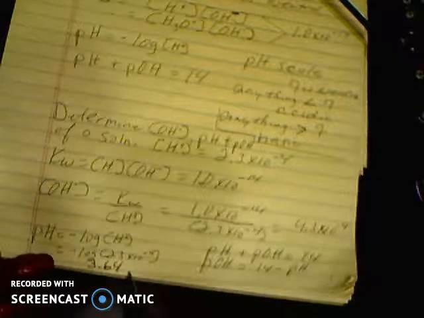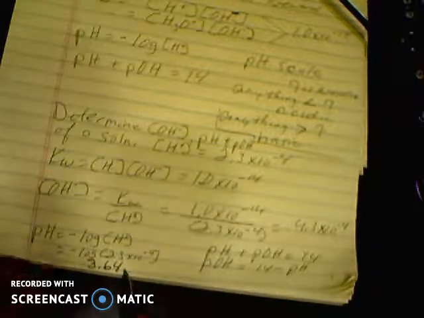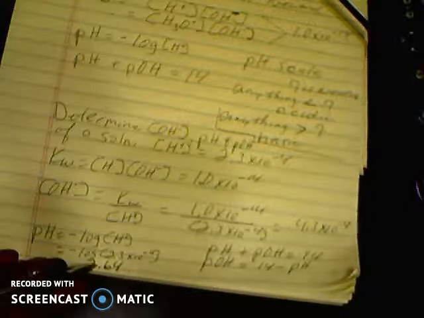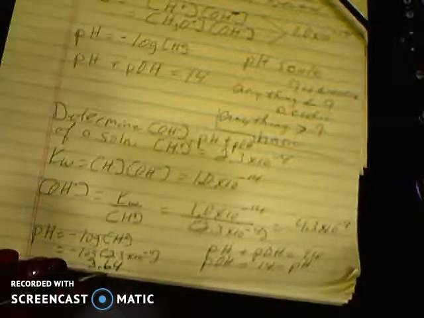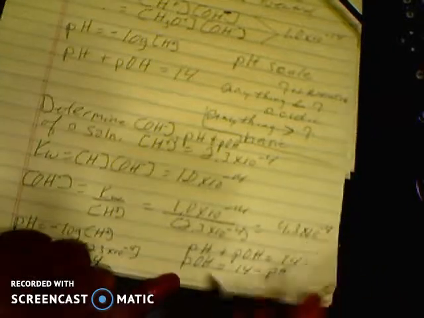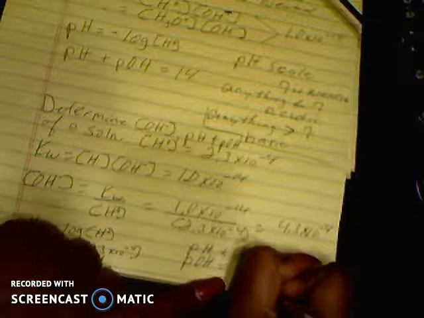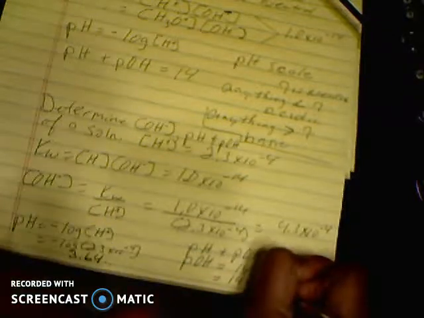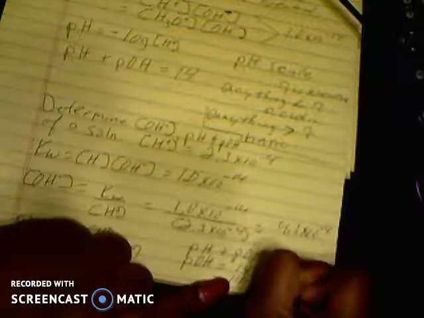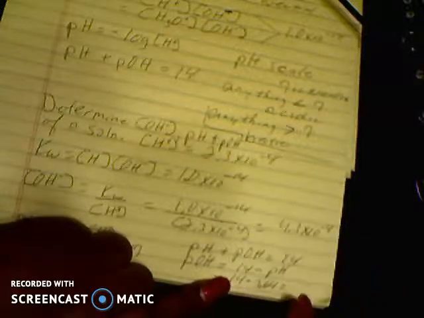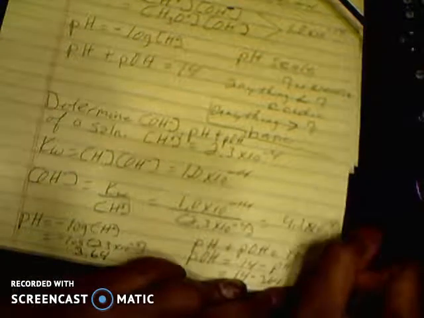We just found out that the pH was 3.64. That's the pH. So therefore, the pOH will be 14 minus the pH, which is 3.64. So my pOH is equal to 10.36.